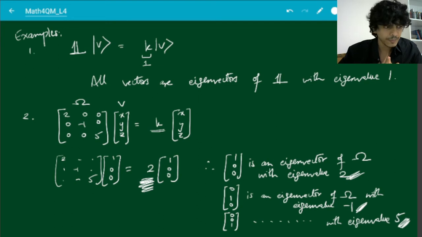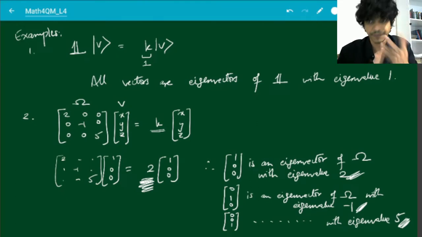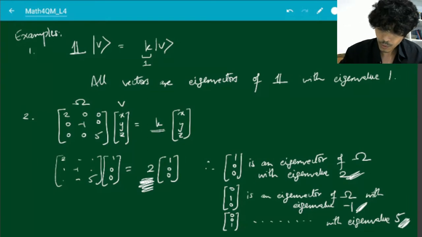In the previous few lectures, I think I spoke about operators as not necessarily being matrices, but in terms of functions. I may or may not have. Anyway, so I can talk about an operator.